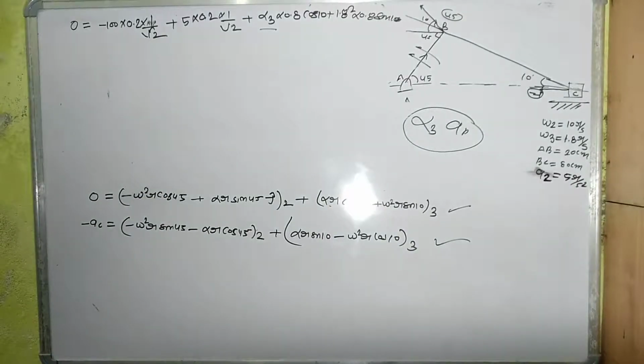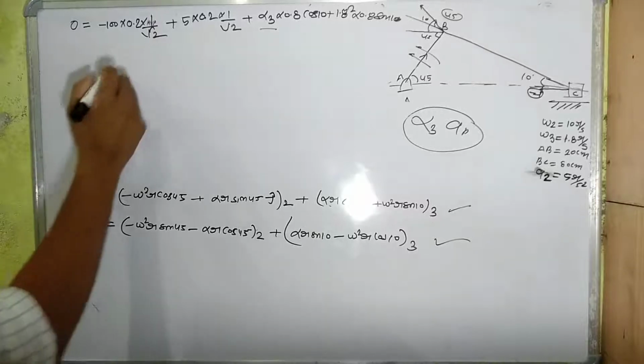Minus 100 into 0.2 divided by under root 2 plus 5 into 0.2 divided by under root 2, okay, minus 100 into 0.2 divided by 1 by under root 2 plus 5, okay, now plus omega square, that means 1.8 square into 0.8 into sine 10, so divided by 0.8 divided by cos of 10.